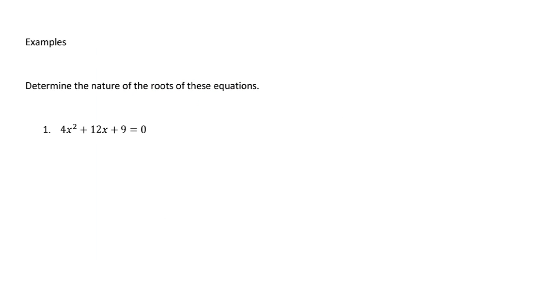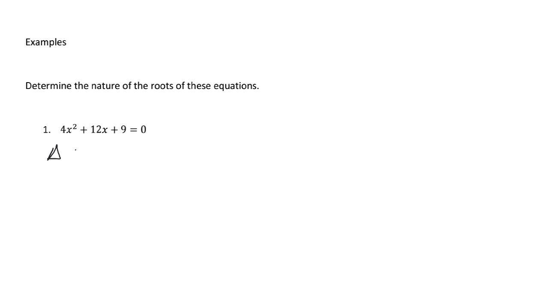Okay, so let's have a look at some examples. This tends to be the phrasing of a discriminant question. So if you see the phrase determine the nature of the roots, then you're going to be using your knowledge of the discriminant, and that's the process you're going to be expected to do. So I've got 4x squared plus 12x plus 9 equals 0, and I've identified that I'm going to be using the discriminant.